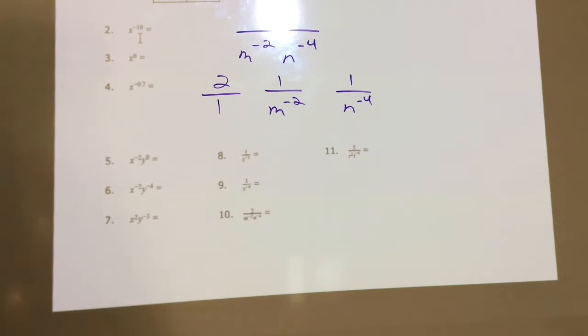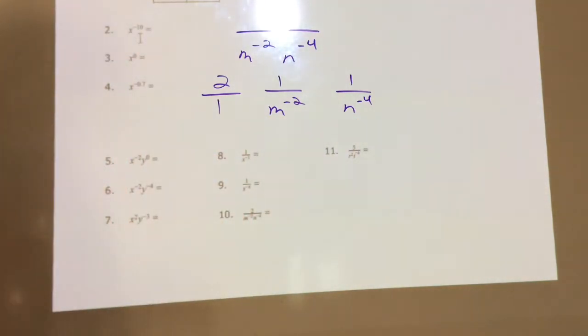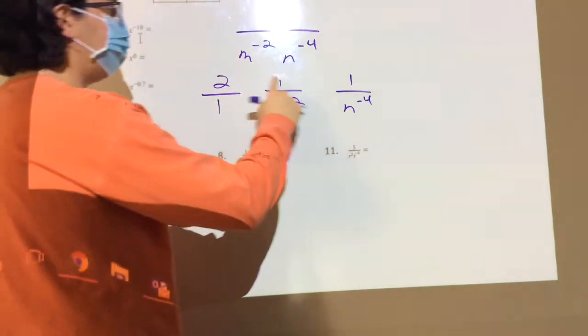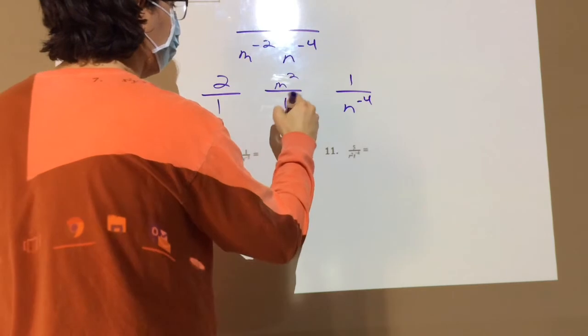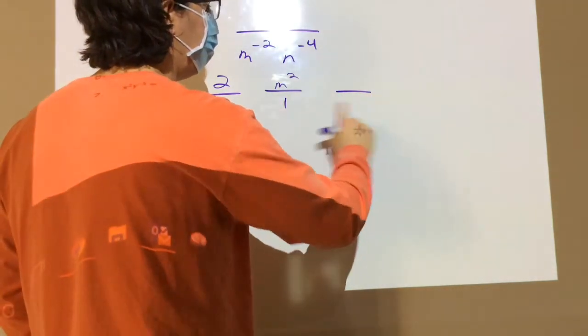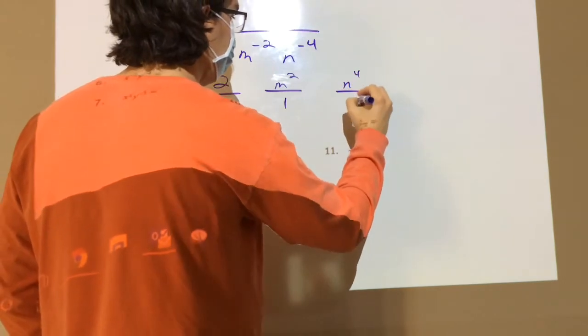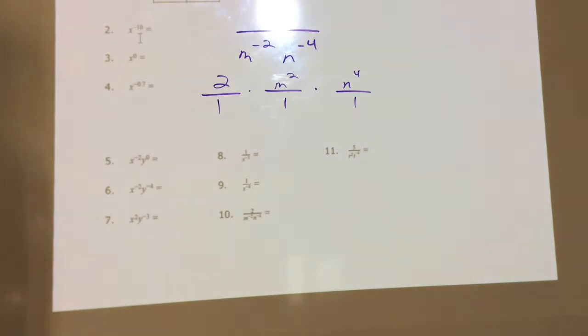Okay? Now, this one and this one have to do what? They have to flip. So do we agree that this is really going to become m squared over 1? And this one's going to become n to the 4th over what? 1. Okay, now I'm just going to combine by multiplying straight across.